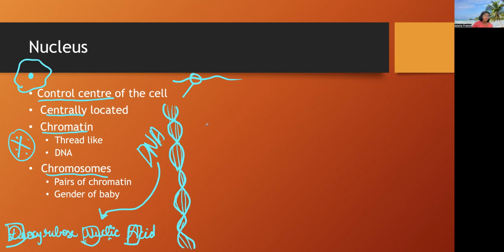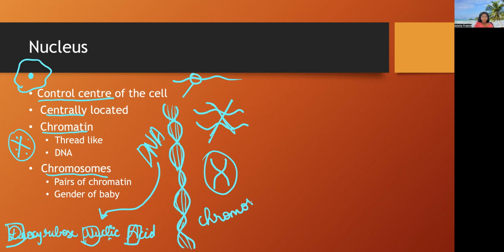Now, so next what we have is chromosomes. So chromosomes are pairs of chromatin. So when we say pairs of chromatin, it is not like this, not at all like that. It is paired in a special way like this. This is a chromosome.